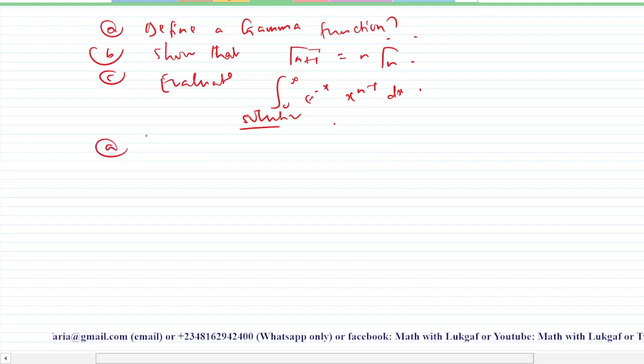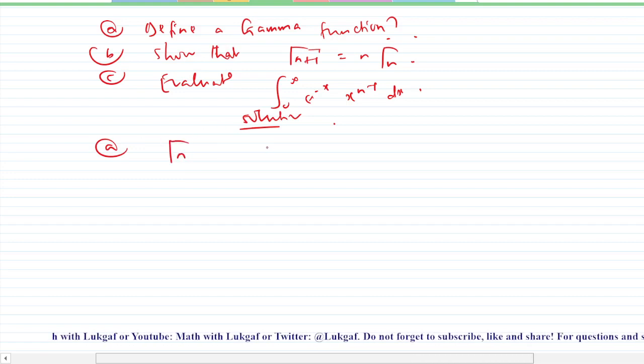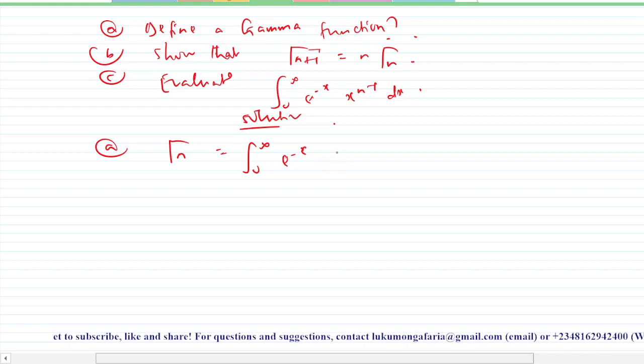Number one, if you want to define a gamma function, gamma of n is denoted by this. It is nothing but the integral from 0 to infinity of e raised to the power minus x, x raised to the power n minus 1 dx.